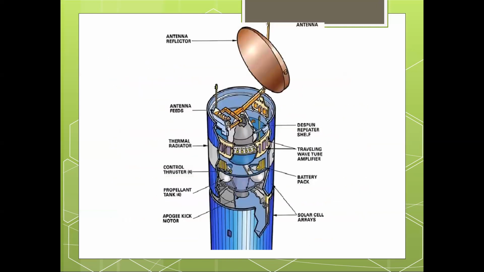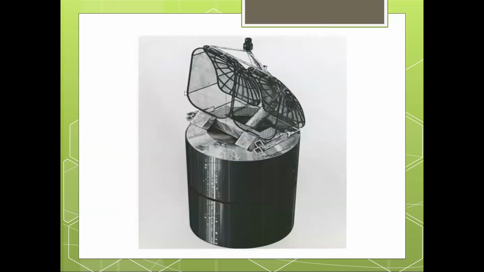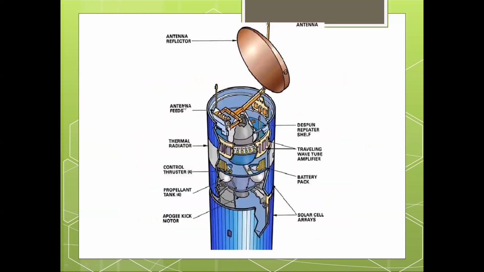Here I am showing some pictures of satellite power systems. On screen you are watching the apogee kick motor, fuel tanks, thermal radiators, antenna systems, antenna reflectors, traveling wave tube amplifier, TWT, battery packing, and solar cell arrays.